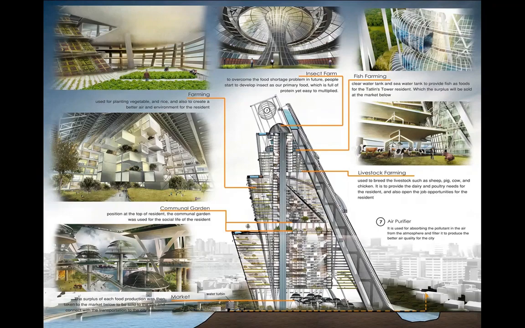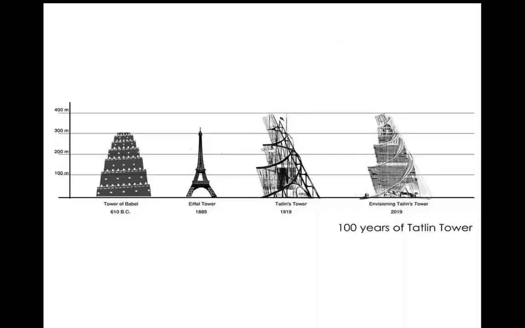It could be a very interesting tower, and I hope one day something like this would be built. Here it is. You see the Tower of Babel on the left, and the Eiffel Tower, then Tatlin's Tower, a little bit taller than the Eiffel Tower, and then this envisioning of Tatlin's Tower in 2019, 3 years ago, as a celebration of 100 years of Tatlin's Tower.